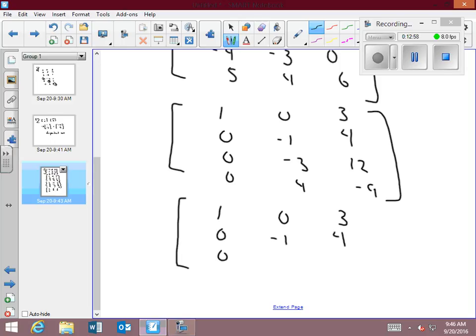And then we can multiply this one by minus 3. So it's 0. This is 0. And then multiply this by 4. 16. 7. Now I can switch these two around.